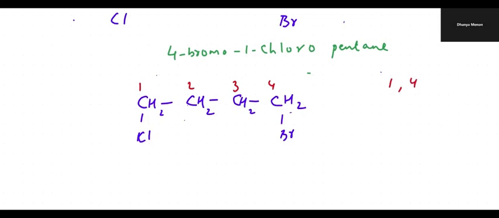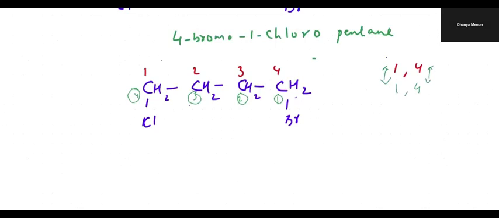Now, another way of numbering is 1, 2, 3, 4. Here also 1 and 4. Both are equidistant, the first point of difference is the same in both cases. In this case, you will go with the alphabetical order. Because the first point of difference is the same in both ways of numbering, we will choose the alphabetical order.